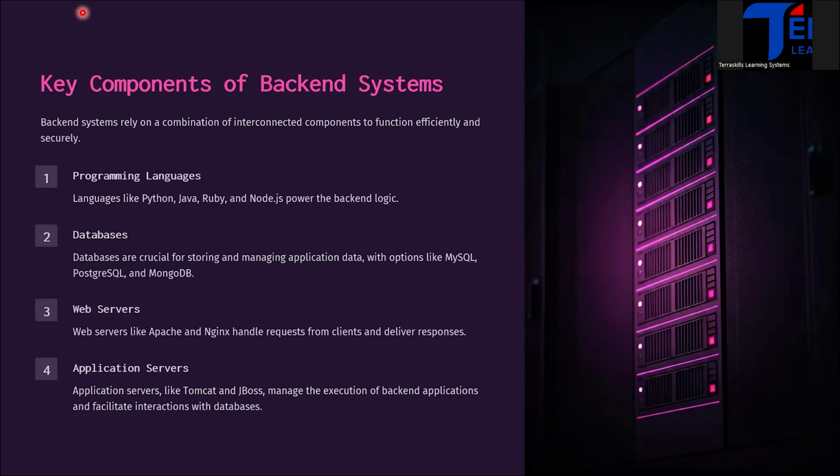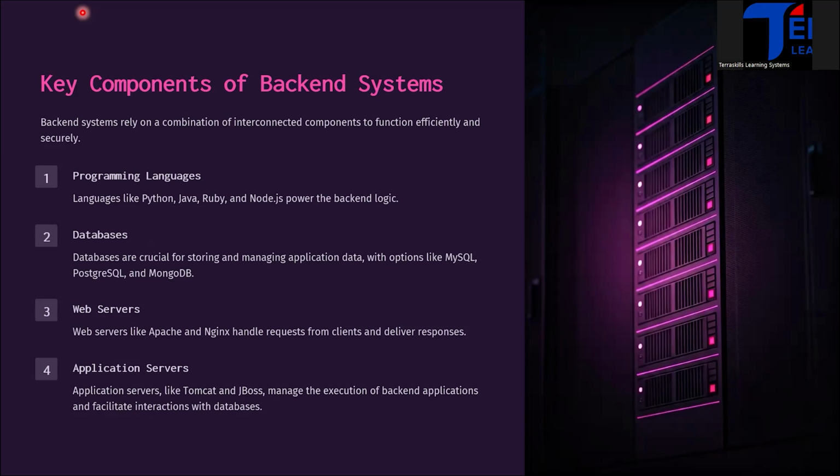The framework we are going to be using in Python is Django. Databases are also very important because they enable you to store and manage application data, with options like MySQL, PostgreSQL, and MongoDB.